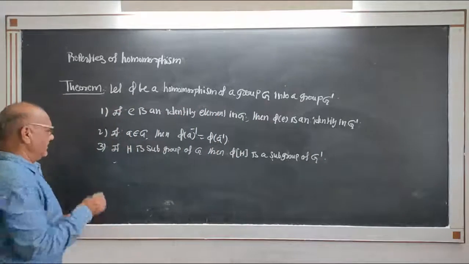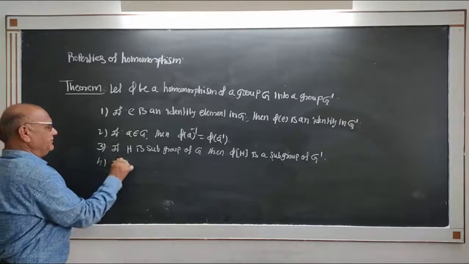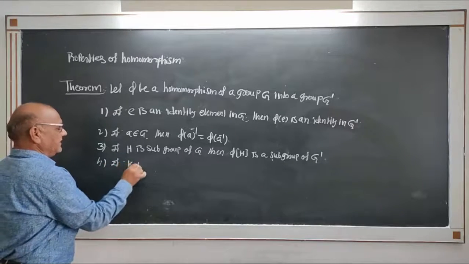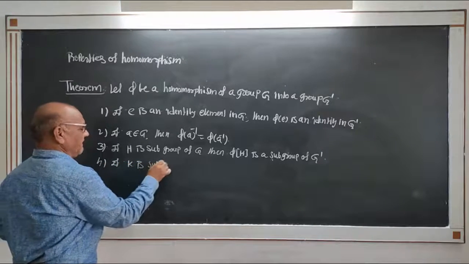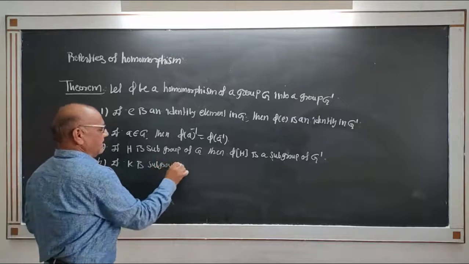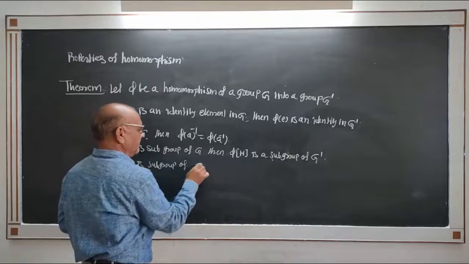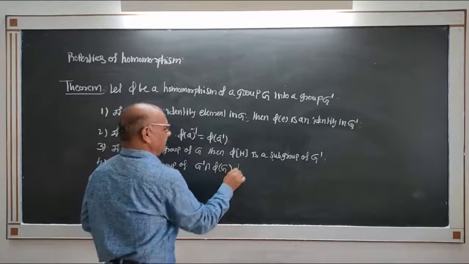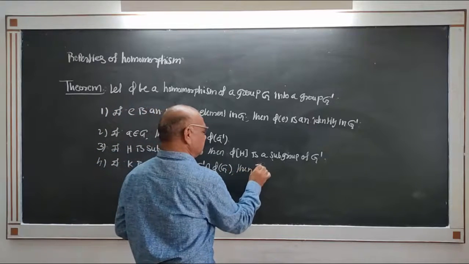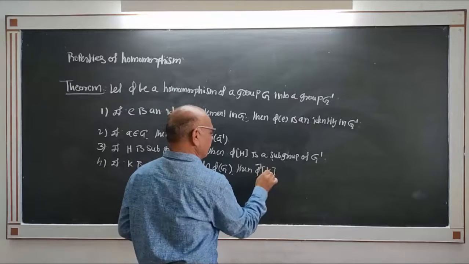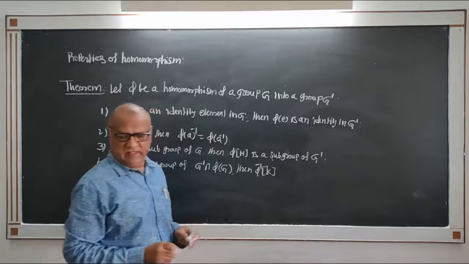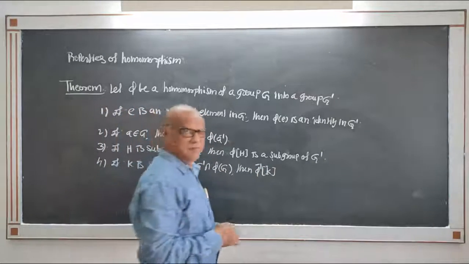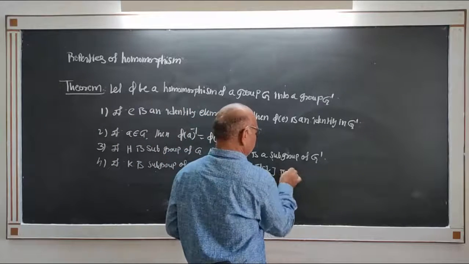Fourth, if K is a subgroup of G dash intersection phi of G, then phi inverse of K is a subgroup of G.